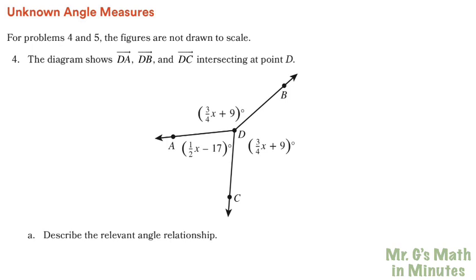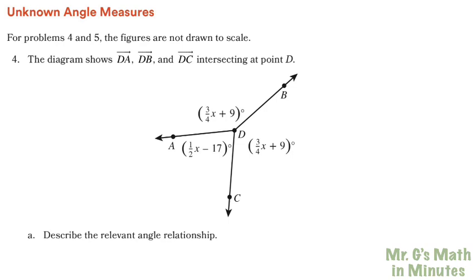Now, speaking of 360 degrees, this problem here, going through the list again, there are no 90-degree angles. There's no 180-degree angles because while these lines are straight, they don't go straight through the point. There's no straight lines like that.